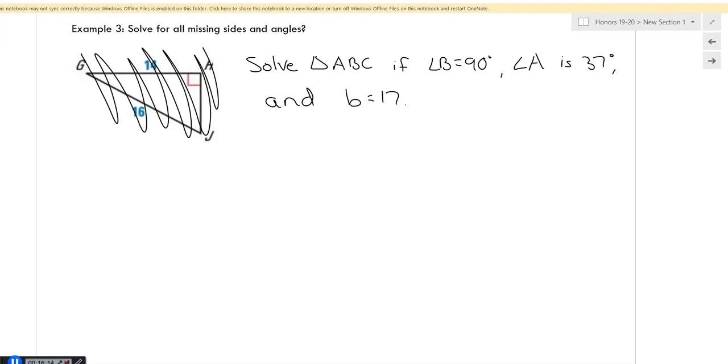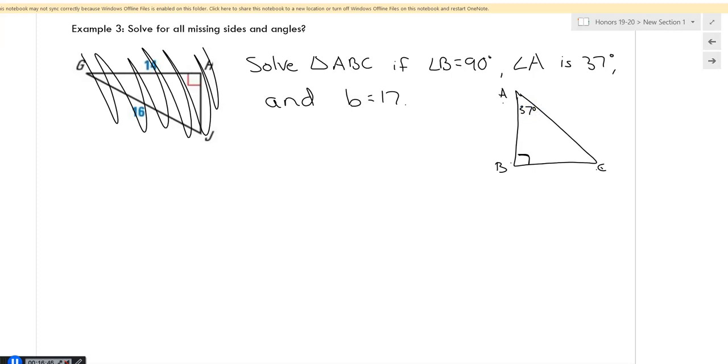So the first thing I have to do here is draw this right triangle. I know it's a right triangle because it tells me angle B is 90 degrees. So angle B is 90 degrees, and we're using A, B, C. It doesn't really matter where A and C go, but B has to be your right angle. And then it tells us angle A is 37 degrees.